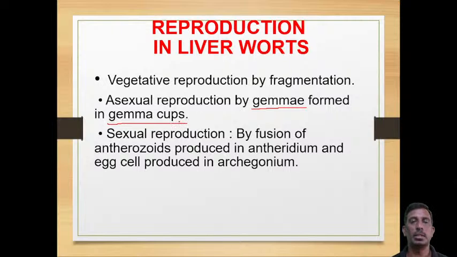Gemmae cups के अंदर gemmae रहते. Sexual reproduction is by fusion of male and female gamete. Male gamete is called antherozoid and female gamete is called egg cell. Female gamete egg cell is produced from archegonium. Male gamete is produced from antheridium.